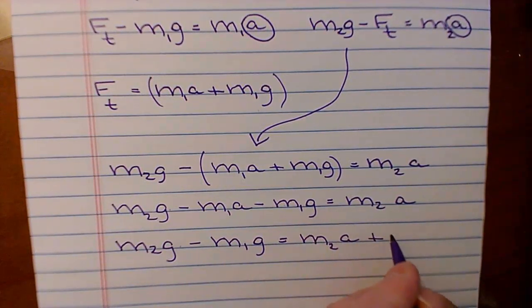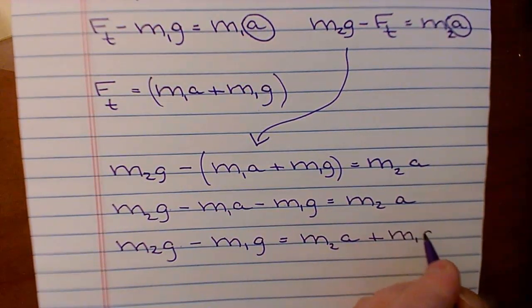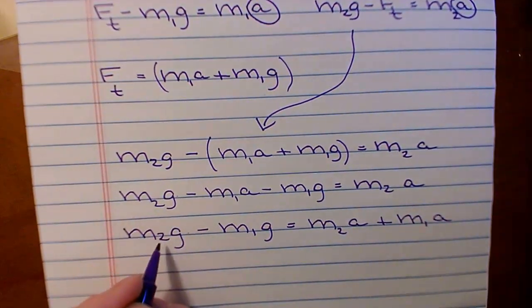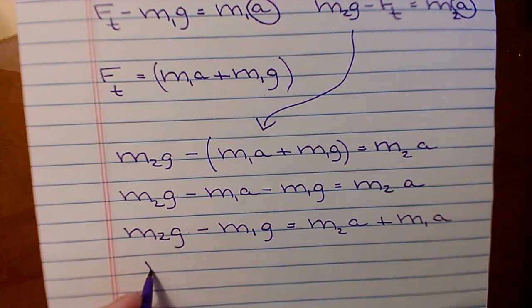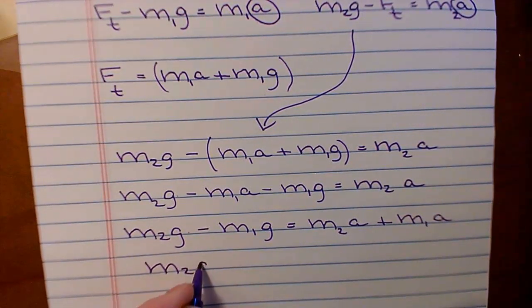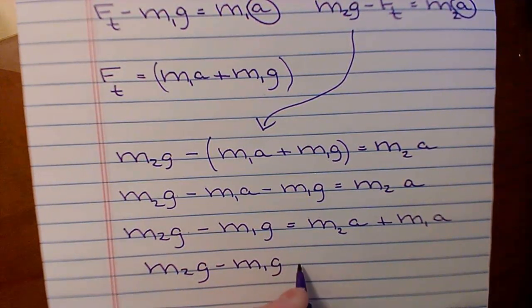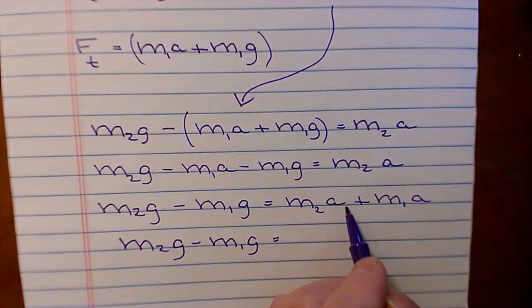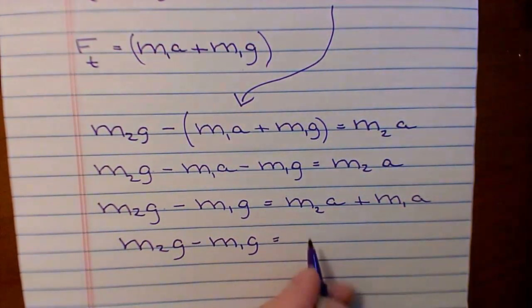So plus M1A. So over here we have M2G minus M1G. And I'm supposed to be solving for A, so how about we factor out the A?